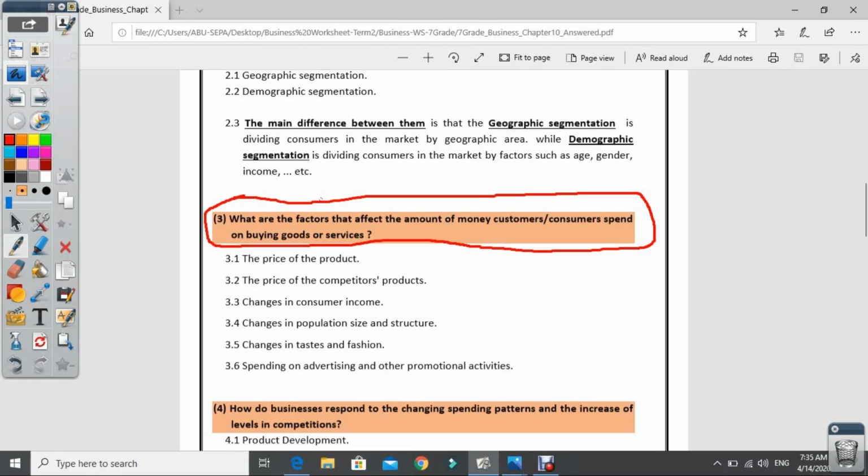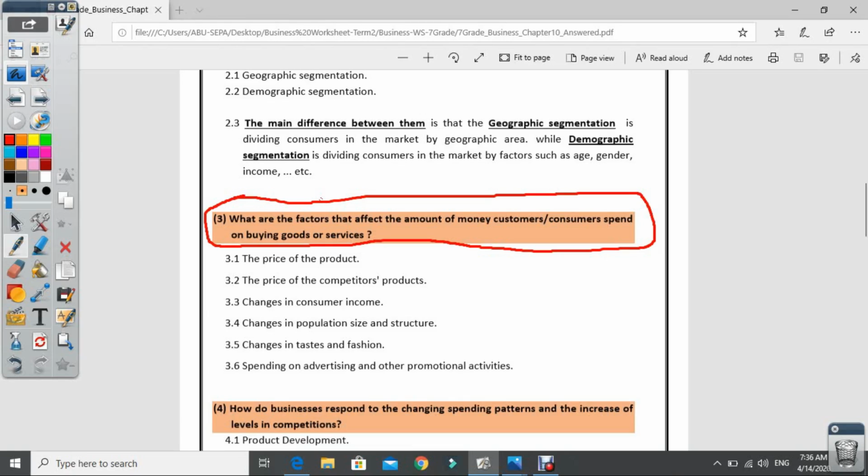Do you remember the relationship between the price of a product and the demand? This is the first factor.